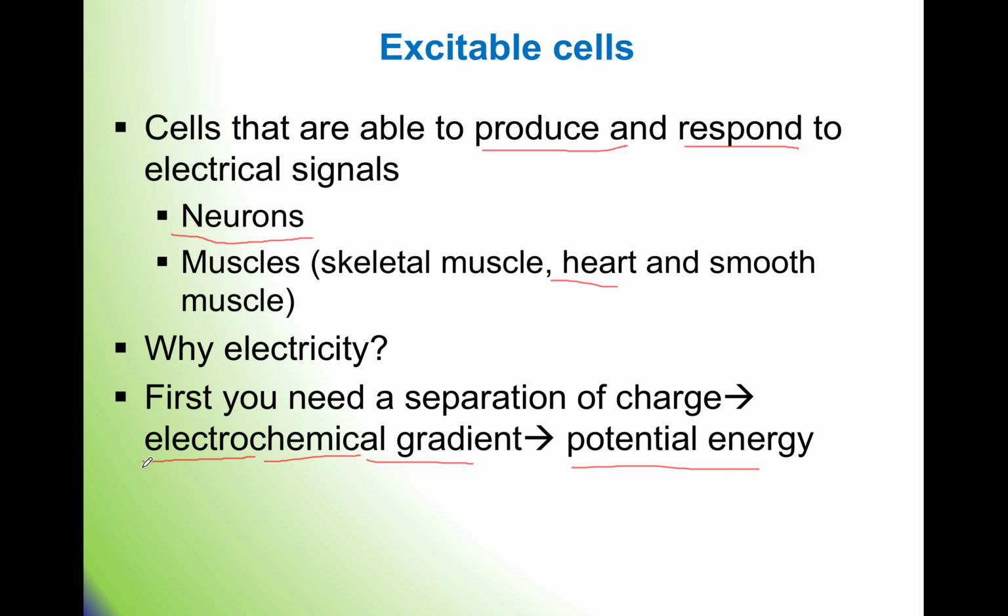The electro implies charges, and the chemical implies basically your ion concentration. So I need to have variation between the charges inside the cell and outside the cell, as well as difference in concentrations of the ions inside and outside the cell. And that difference enables the cell to possibly be excited if the proper stimulus is present.